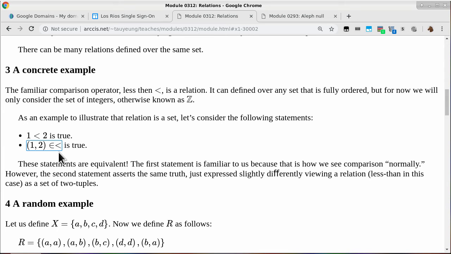We look at the relation as a set of 2-tuples, and as a result, (1, 2) is an element of less than as a relation. And the relation is defined over integers, so the relation itself is a subset of integers Cartesian product with integers. Is that okay?